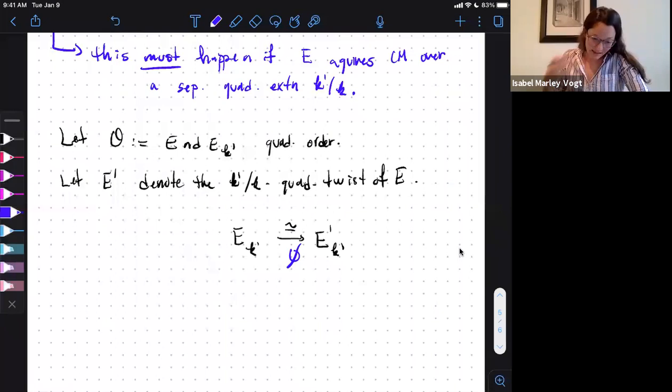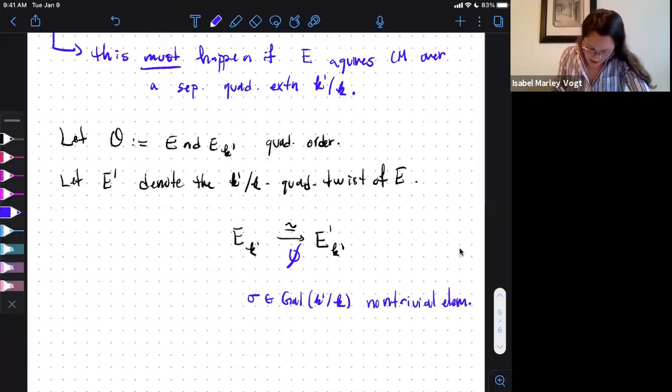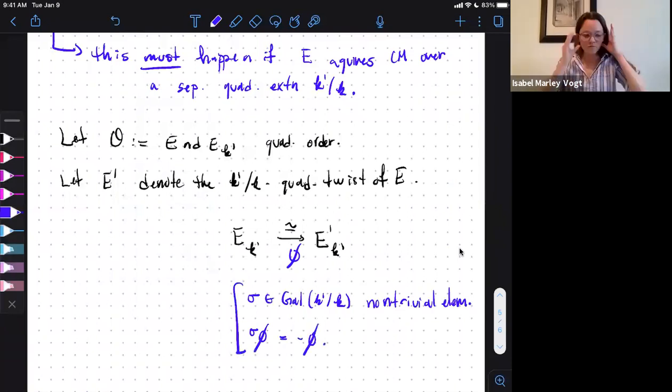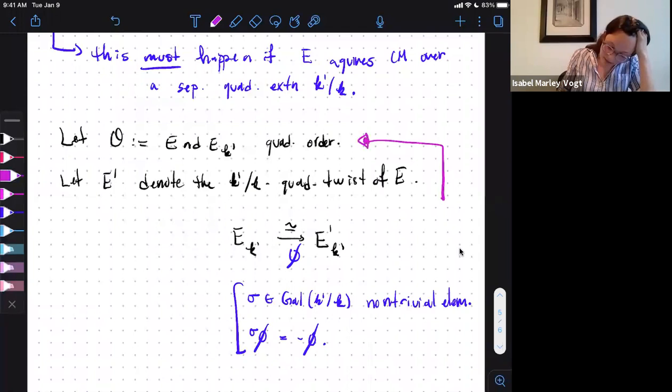Then the fact that this is really a non-trivial quadratic twist says that if I let sigma in the Galois group of K prime over K be the non-trivial element, and I act by sigma on this isomorphism, then I don't get back phi, I get back minus phi. So E prime is not isomorphic to E over K. However, we have the assumption that over K prime, I have complex multiplication.